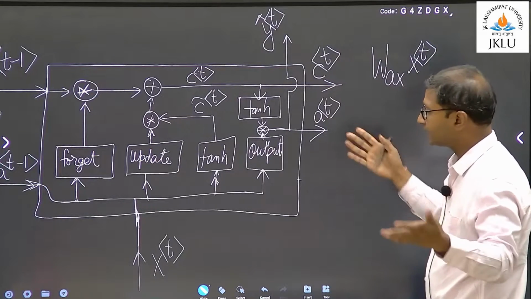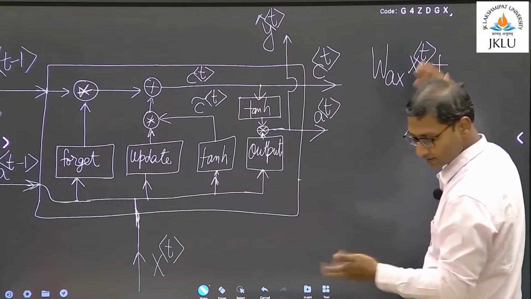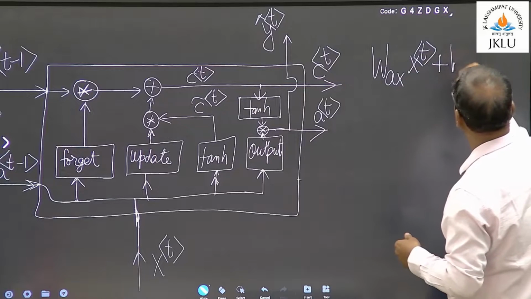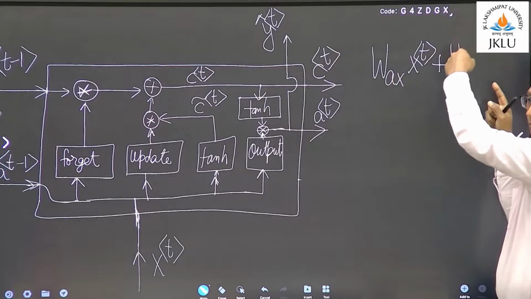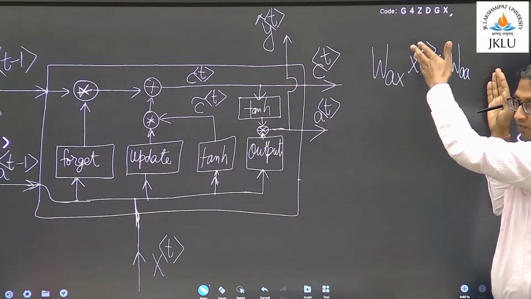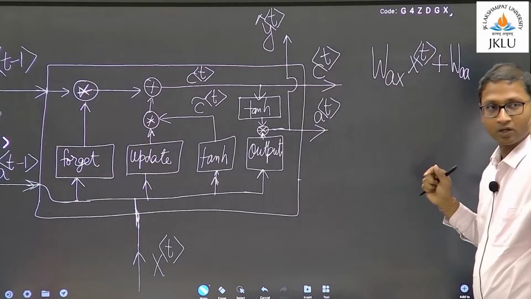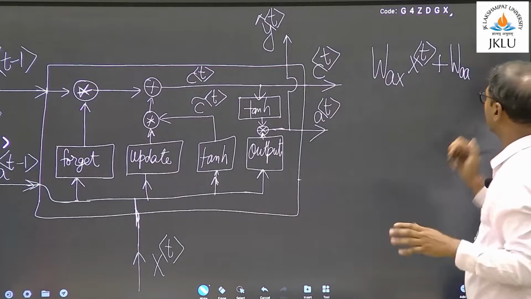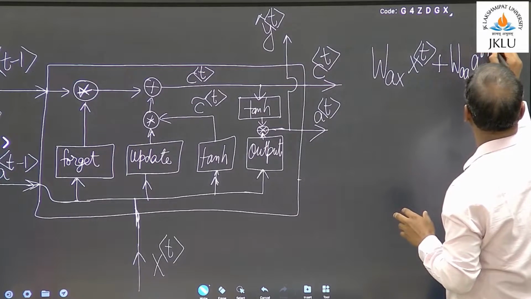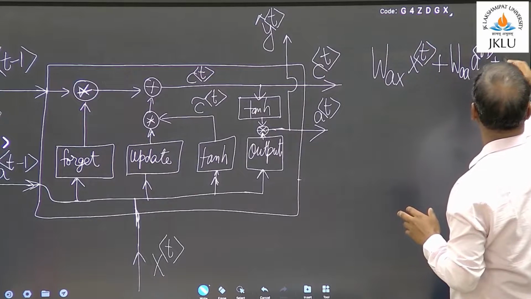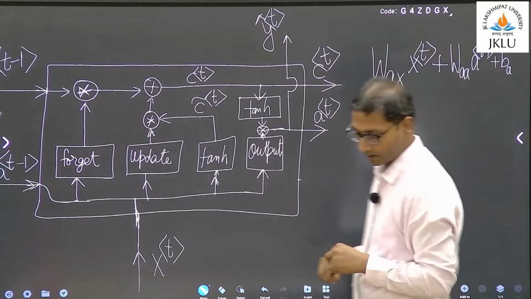Actually you could combine these two, but in the interest of time I am not doing that part, so let us continue with what we were doing. WAA, you can concatenate these two vectors and you can concatenate these two matrices to basically talk about just one vector and one parameter matrix. So a t minus 1 plus BA, right?